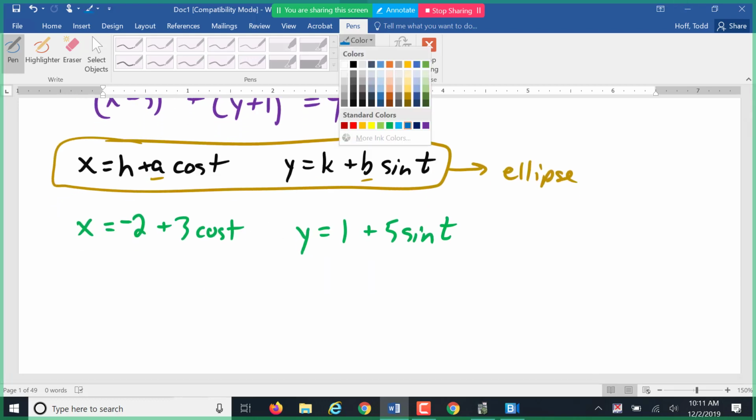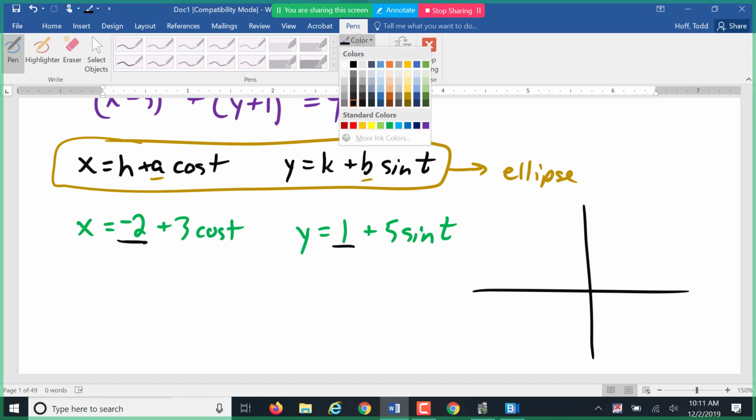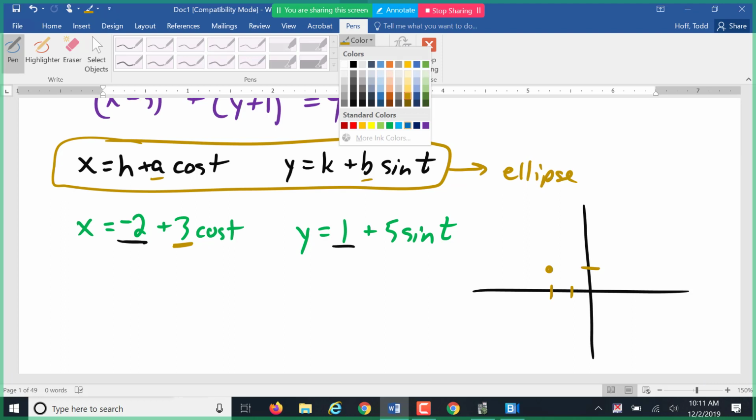If I wanted to just flat out graph that, my center is going to be at -2, 1. Sorry, it's going to be at +2, that's right, -2, 1. So -2, 1 right there. That's my center. The semi-horizontal axis is going to be 3.